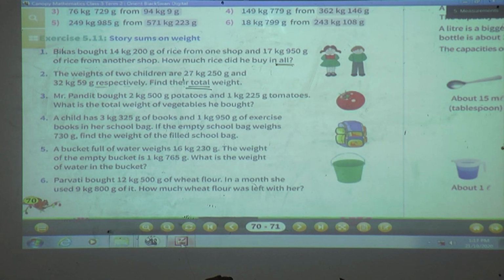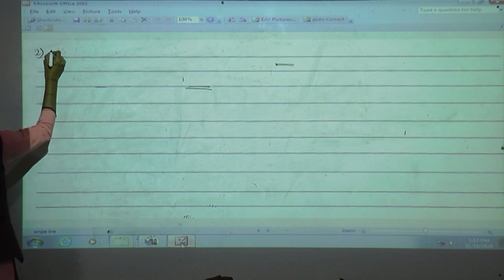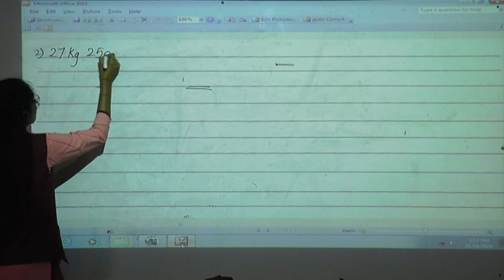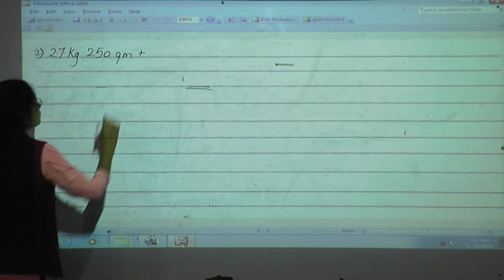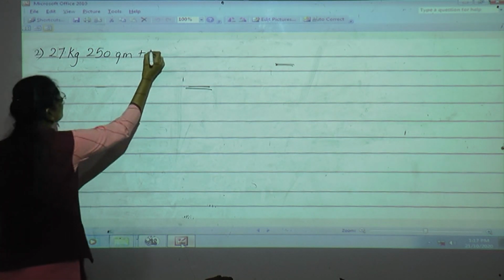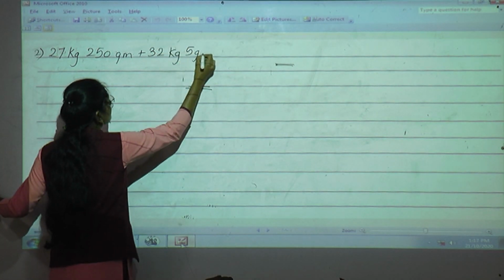Okay, so let us do the addition. What was the weight of the two children? 27 kg 250 gram. Then the weight of the other child is 32 kg 59 gram.